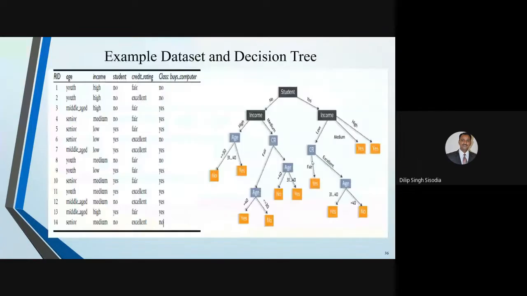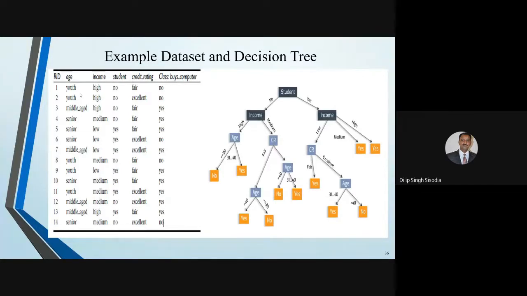So the first question is why this attribute, student, is selected. Here you have age, income, student, credit rating. This is a simple data set consisting of 14 instances, 14 samples only, so manually we can do all the calculations. Age is one attribute, income is another, then student and credit rating, so 4 attributes and 1 class, buys computer.